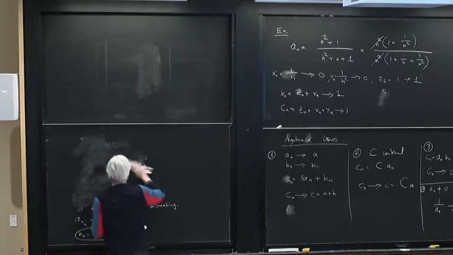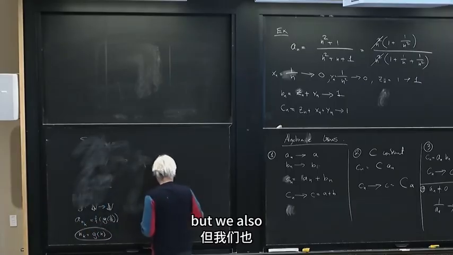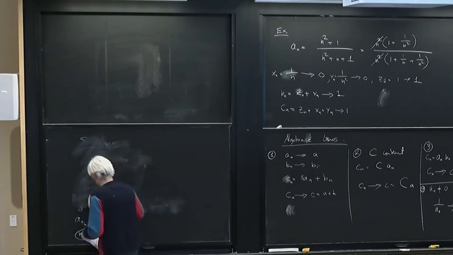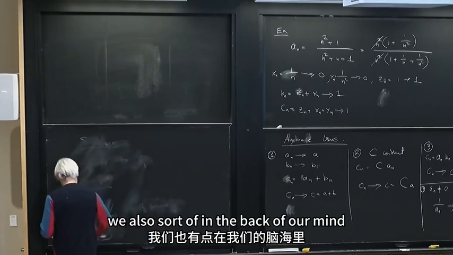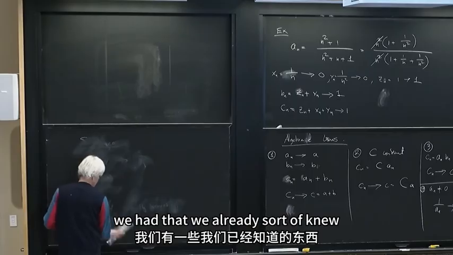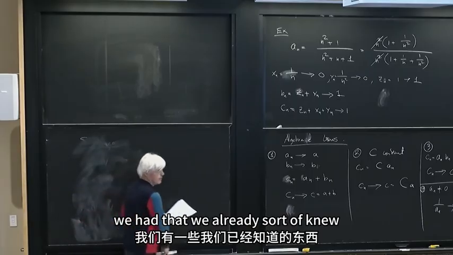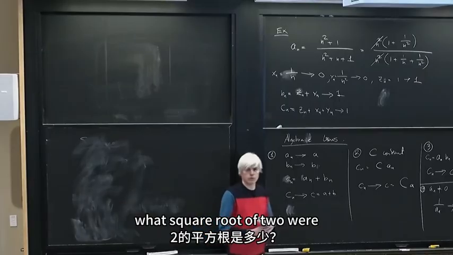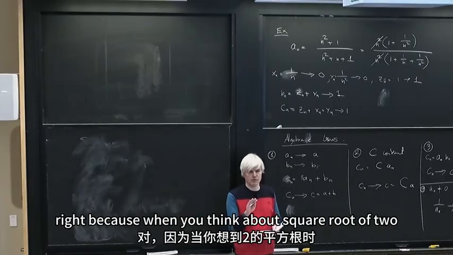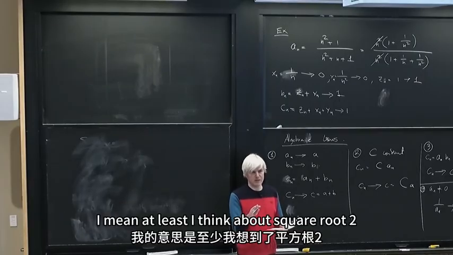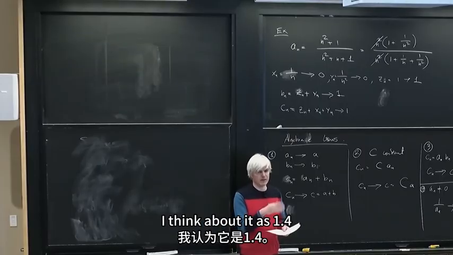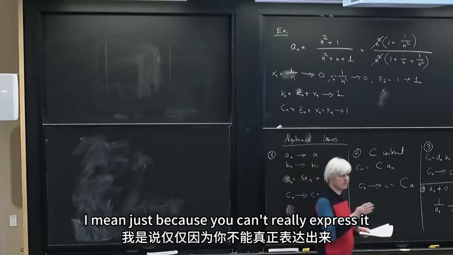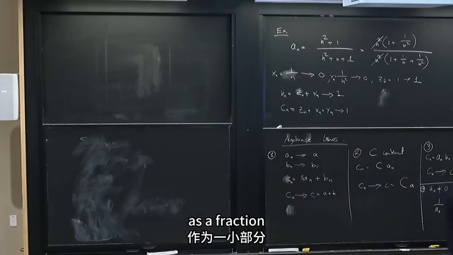But we also sort of had in the back of our mind that we already knew what square root of 2 was. When I think about square root of 2, I think about it as 1.4, because you can't really express it as a fraction.